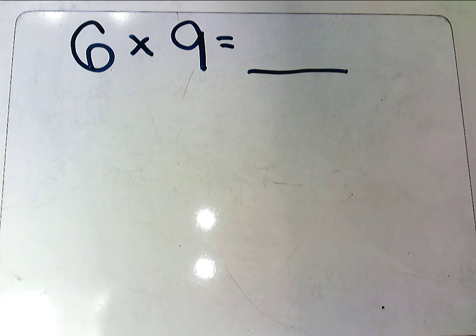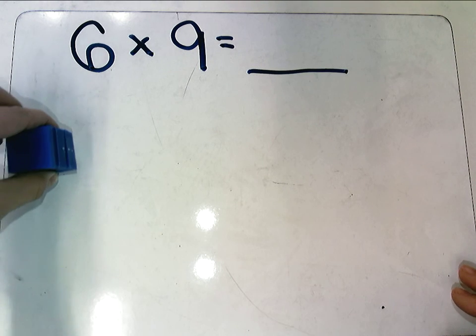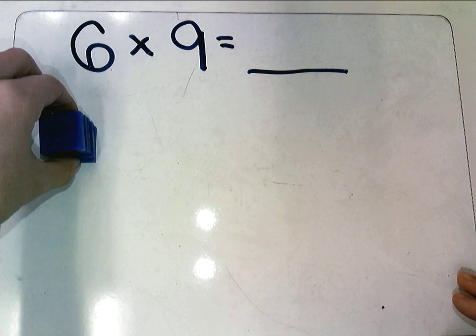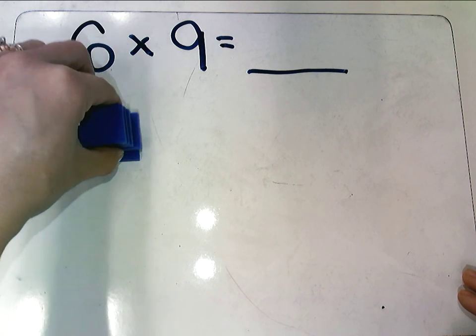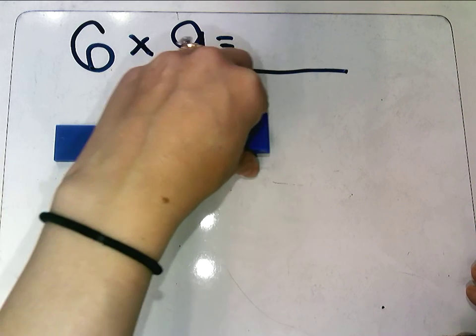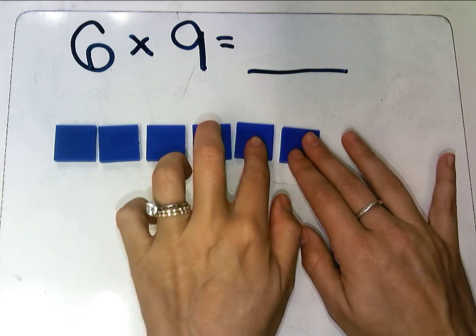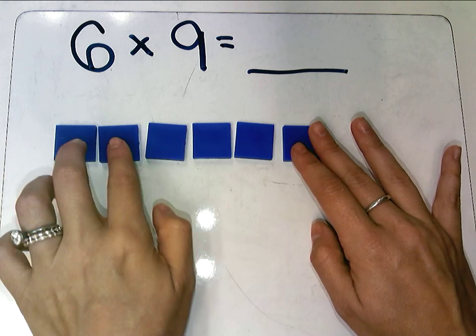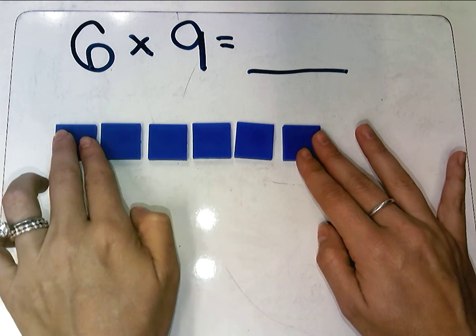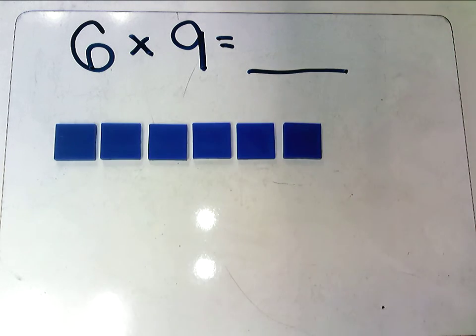I'm going to use some manipulatives, but you're going to draw a picture with 6 squares. 1, 2, 3, 4, 5, 6. So on your whiteboards with your whiteboard markers, I want you to draw 6 squares about the same size as my squares.